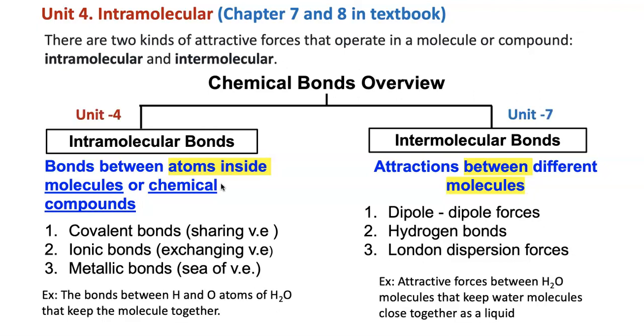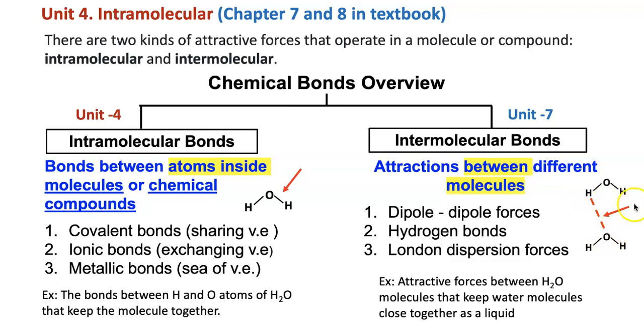And I am going to give you some examples. Here is an example of an intramolecular bond. The hydrogen and oxygen atoms of a water molecule are connected by these bonds. But if you look at these 2 water molecules, they are interacting with each other because of electrostatic attractions between the small positive polarity of hydrogen and the negative polarity of oxygen.